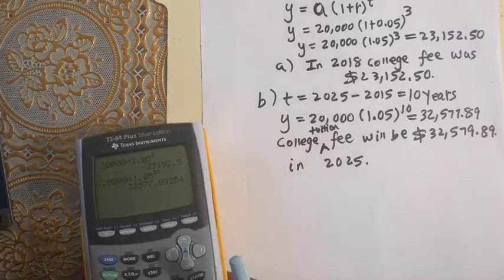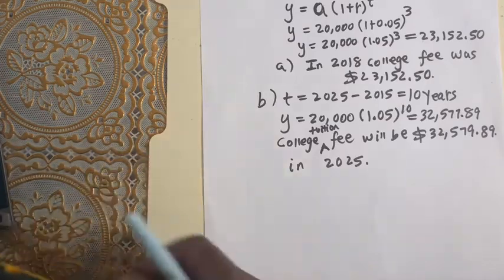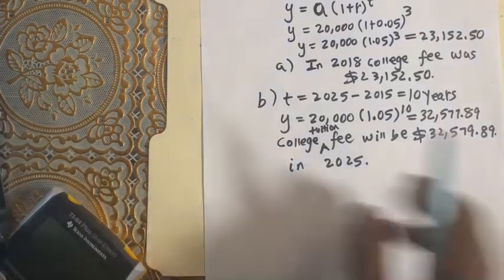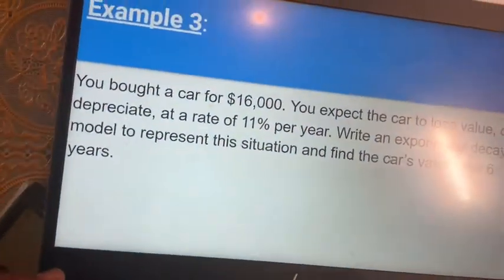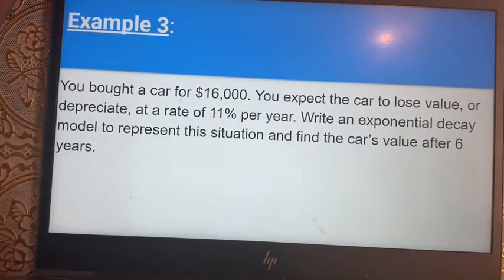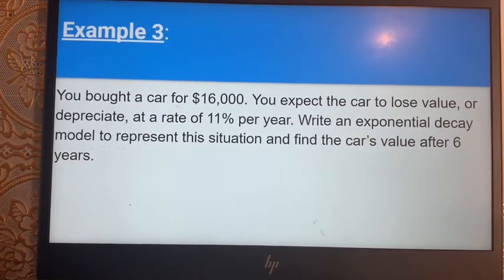Okay, let's take another example. Example 3. This is our third example. You bought a car, say for 16,000. You expect the car to lose value or depreciate at a rate of 11% per year.